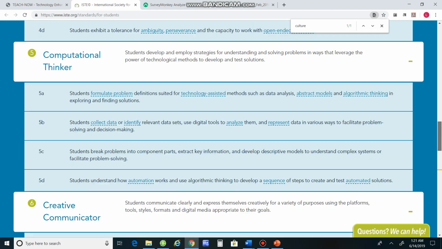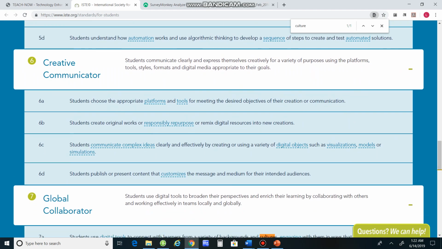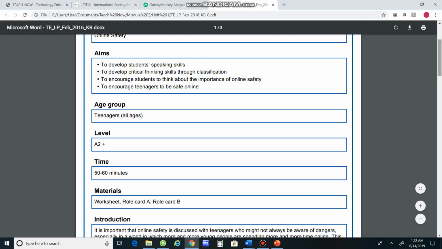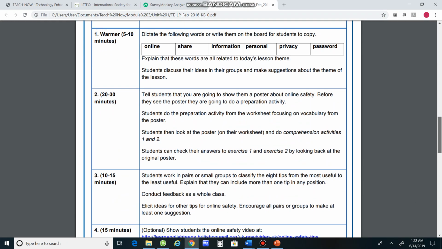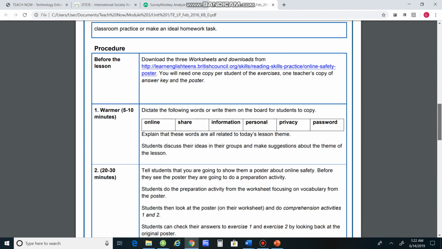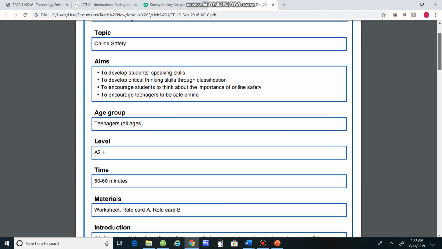If we take a look at point 6C, students communicate complex ideas clearly and effectively by creating or using a variety of digital objects, such as visualizations, models, or simulations. So, I think that this has to do with differentiation. I just think it's really important. So, for example, if I had this lesson plan here, I would definitely take differentiation into consideration.